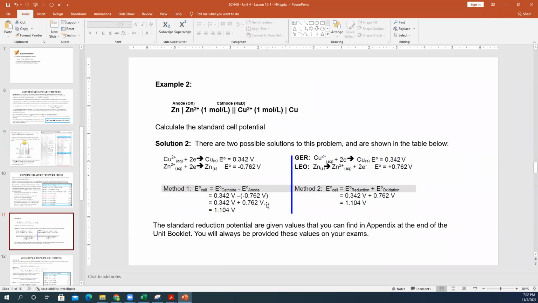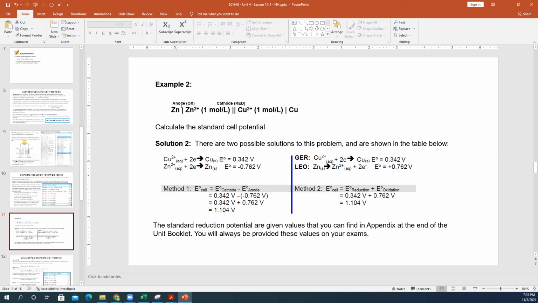You can do it that way and use the method where, for the cell, it's the value for the cathode minus the cell potential value for the anode. At the cathode, we have the copper, so we write down its value, 0.342 volts, minus the standard cell potential for the anode.